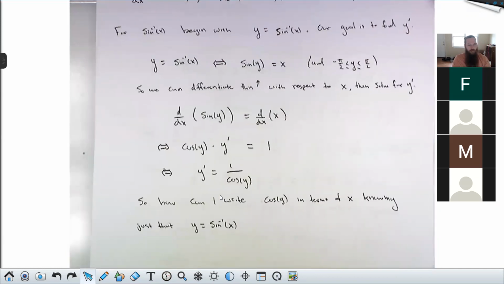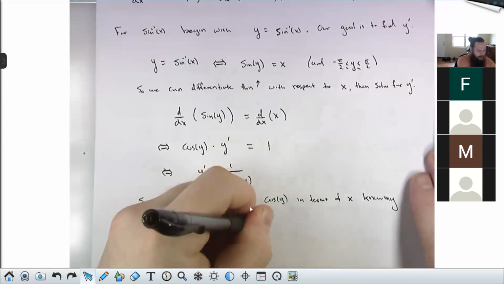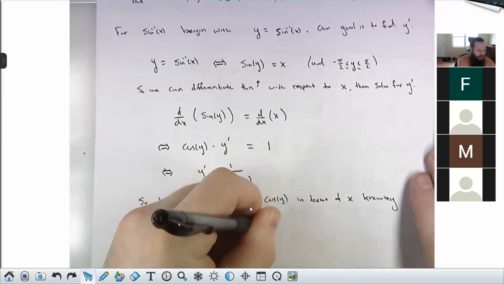Well, one option is to just plug this in. I could say that y prime is 1 over the cosine of the inverse sine of x. Right? I could plug in this y with sine inverse x. That's ugly though. So what's better than that is, again, using this definition.